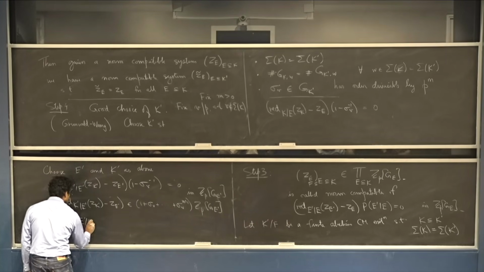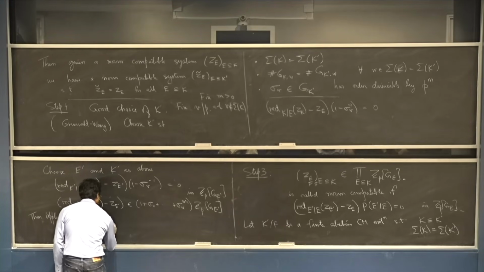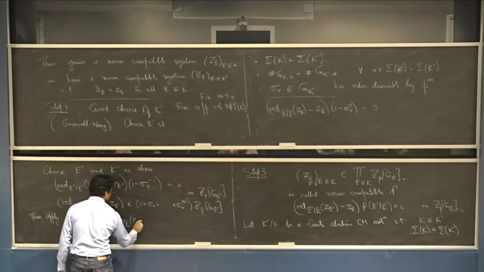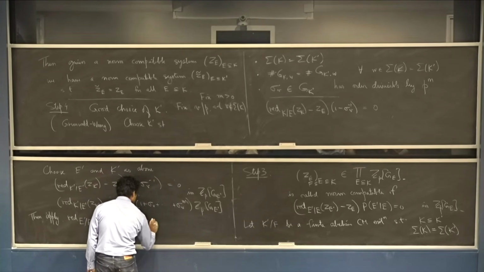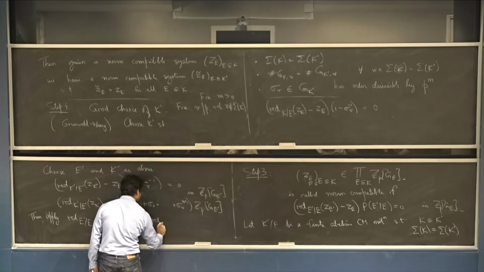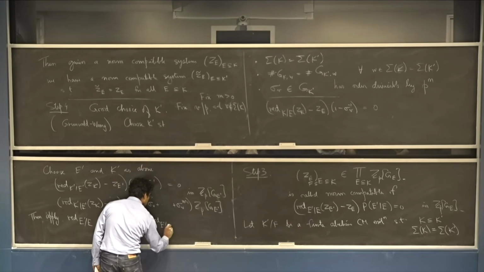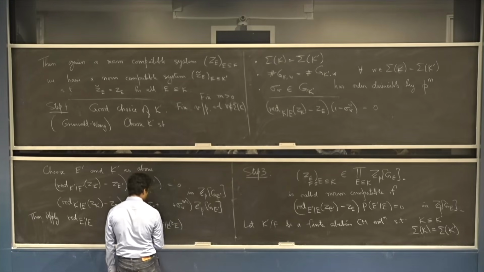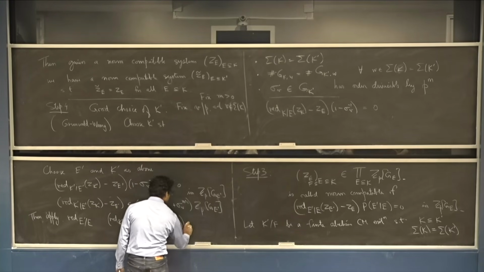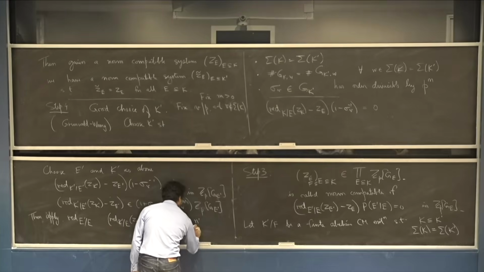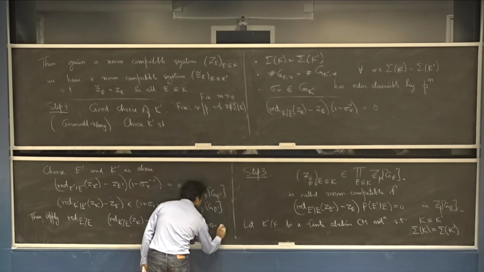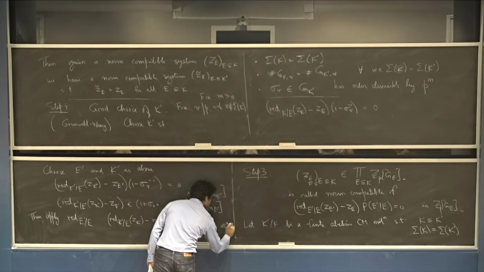and then I apply reduction from E prime to E, so I would get reduction from K prime to E of z K prime minus reduction from E prime to E of z E prime. This thing belongs to some n prime over n times 1 plus sigma V, and so on up to sigma V to the n minus 1.